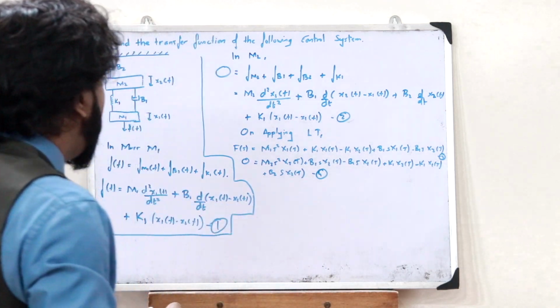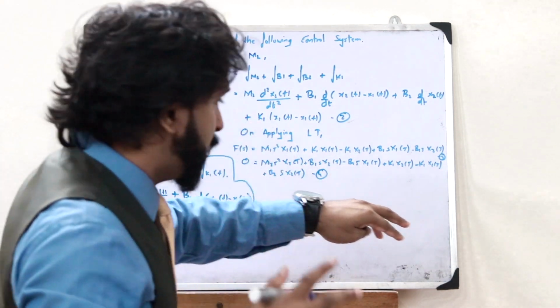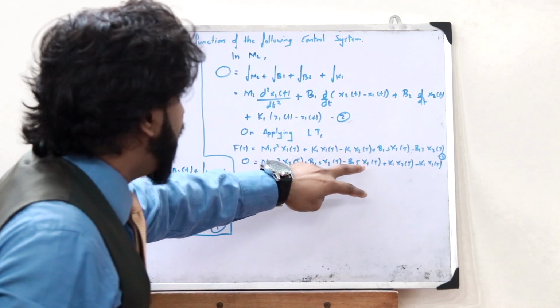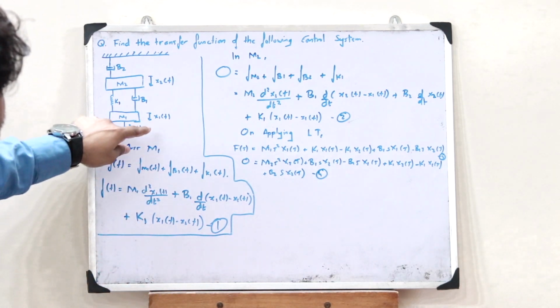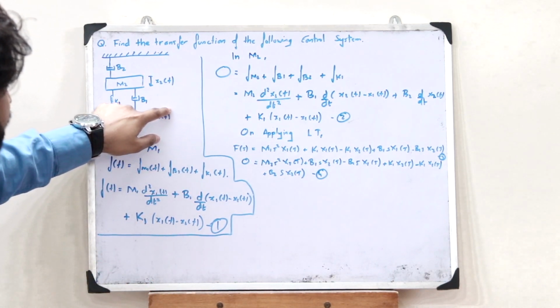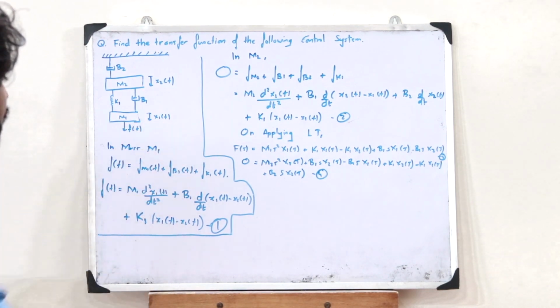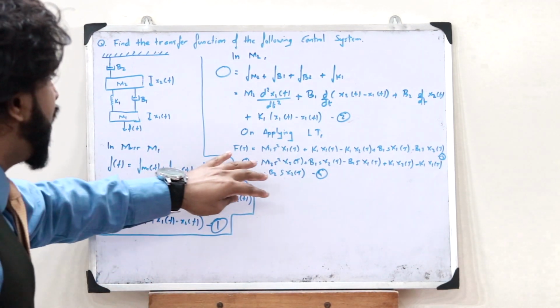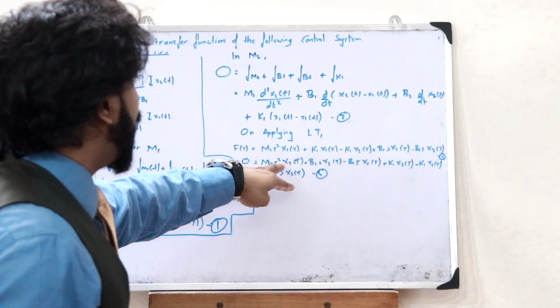So now here what we observe is that in equation number 4 we have two displacements, that is X2 of s and X1 of s, but the final transfer function is the final ultimate output X1 of s divided by this particular input F of s. So for that we have to now write X2 of s in terms of X1 of s.